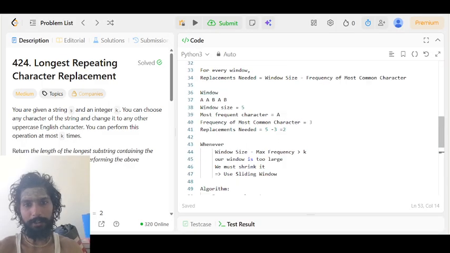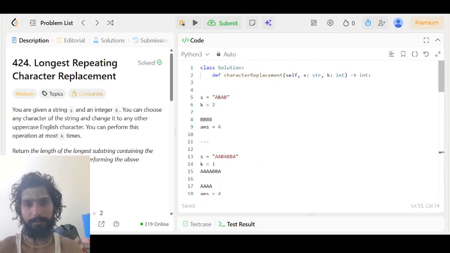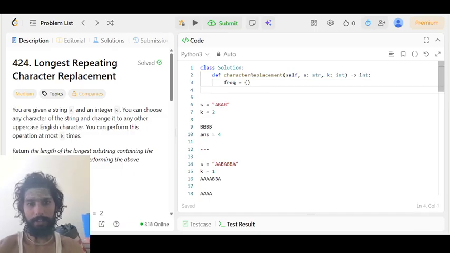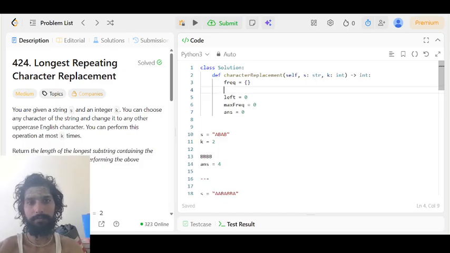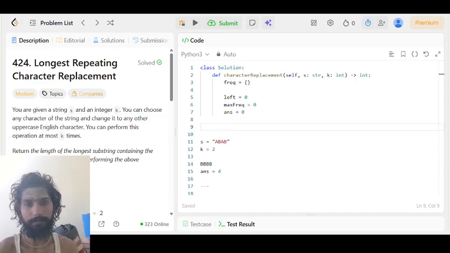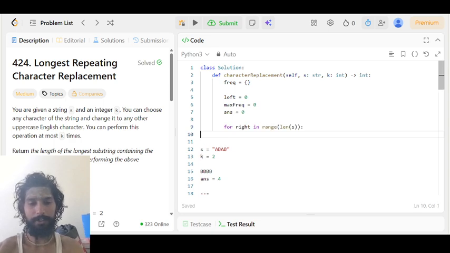So let us now write the Python code. Let's initialize the frequency of all characters. This dictionary will contain the frequency of all the different characters. Let us initialize left, max freq and answer. Now let us start the loop.